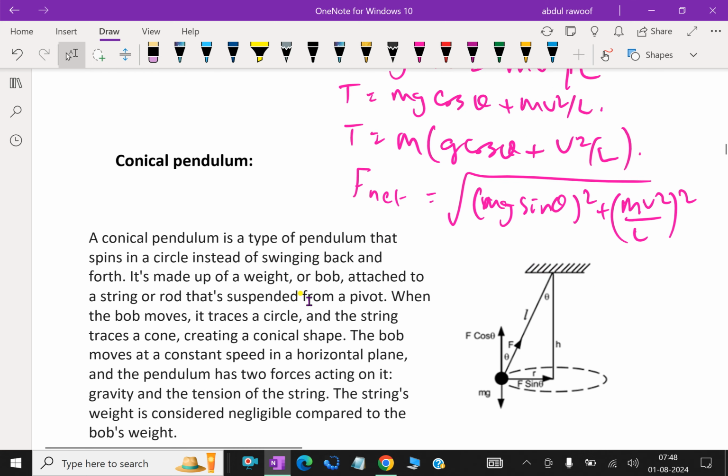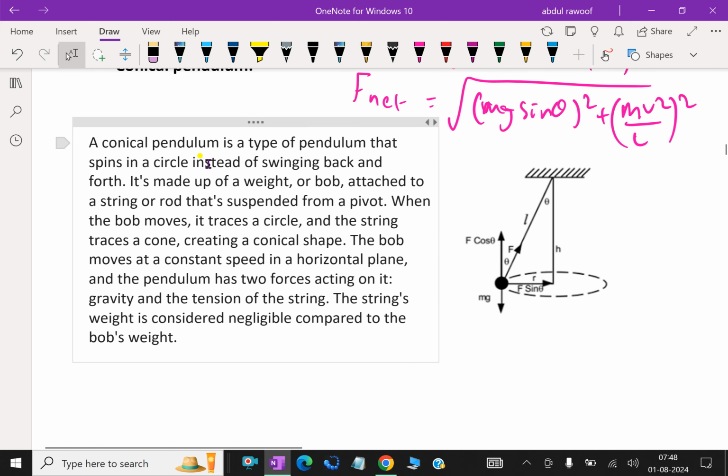In a conical pendulum, a conical pendulum is a type of pendulum that spins in a circle instead of swinging back and forth. That means it moves like a horizontal circle. It's made up of a weight or bob attached to a string or rod that is suspended from the pivot.